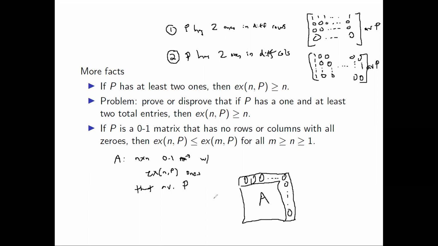We'll call that A prime. And we will keep on adding new rows and columns of all zeros.